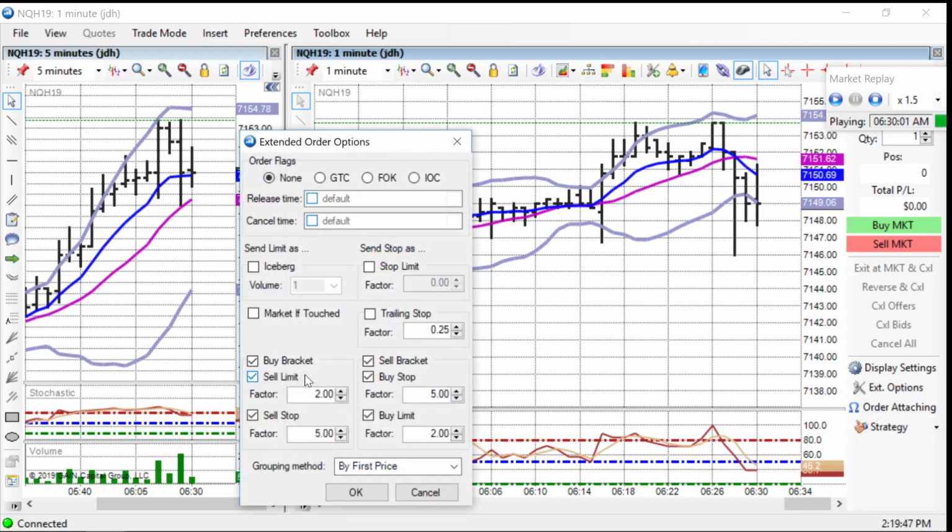I'll set the target order before I start the market here using Market Replay. That's a great program, by the way. I recommend any trader who has access to this software use this program to practice because it allows you to stop and start, really analyze the market.